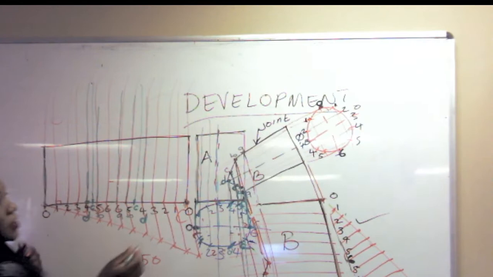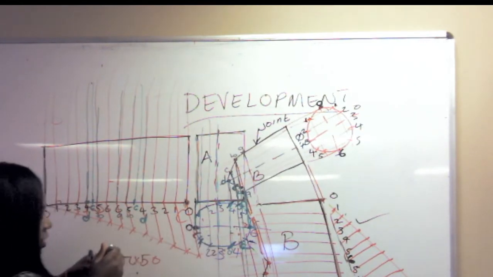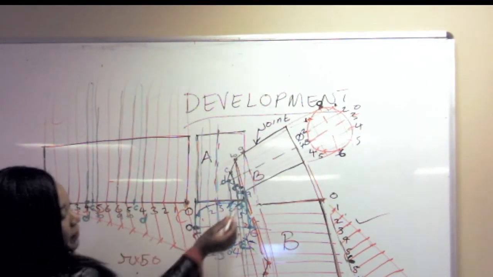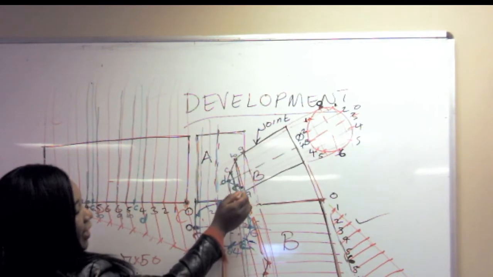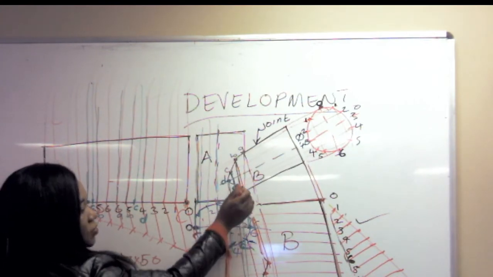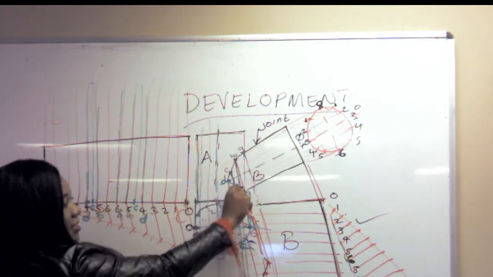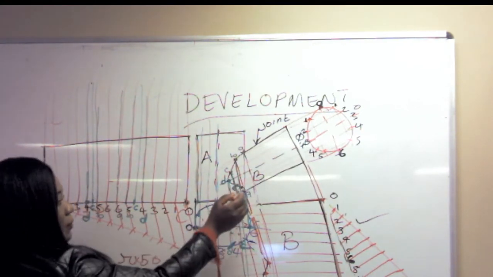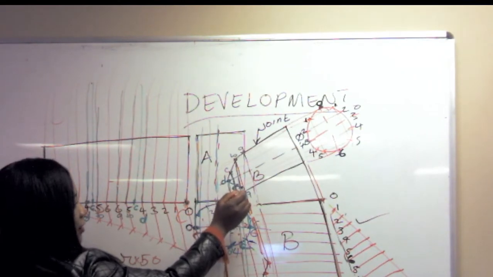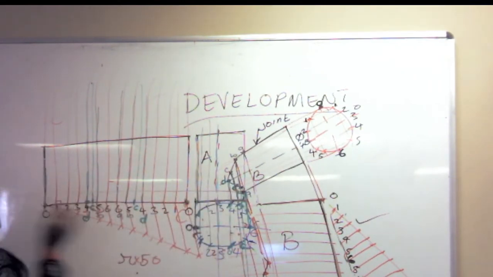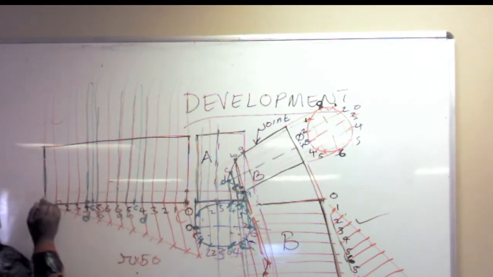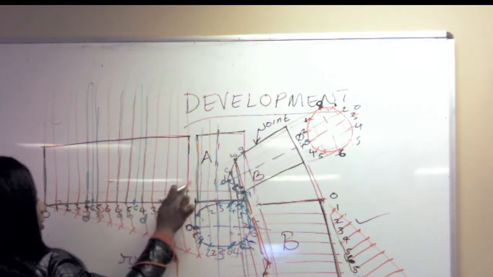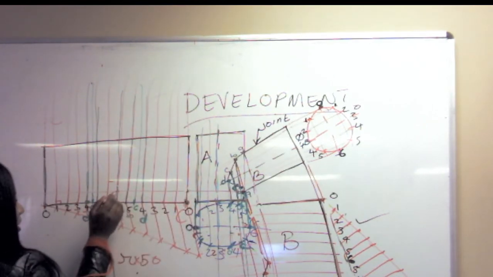To mark A, come with your compass. Put your compass here at the corner of the pipe to A, from here to here. That distance, you must take that distance here. That distance projects from point A here. There is A here on the development. There is A, not this one. A here with A, where they meet here.